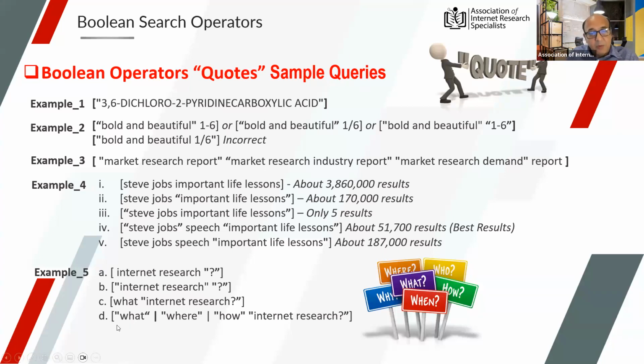One of the things we can do, as shown in D, is that here we have put what, where, how with the OR operand, or the vertical bar, which denotes or as a choice. So what we are doing is asking the search to find the words what, where, and how with relationship to internet research, somewhere ending with a question mark, without making sure that all or any of these three words would somehow be part of the sentence or a question that contains either how, where, or what.